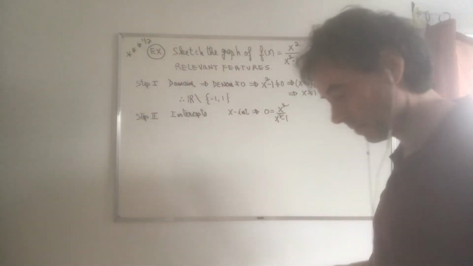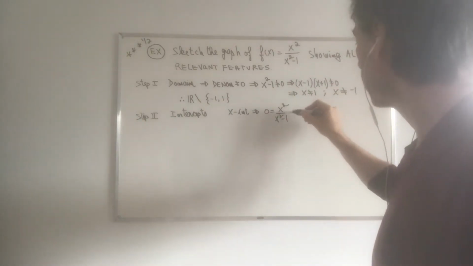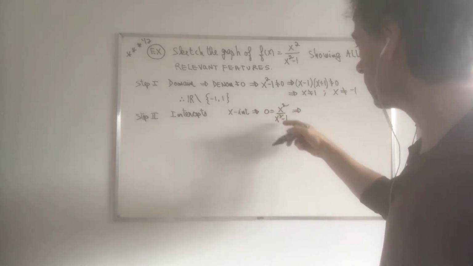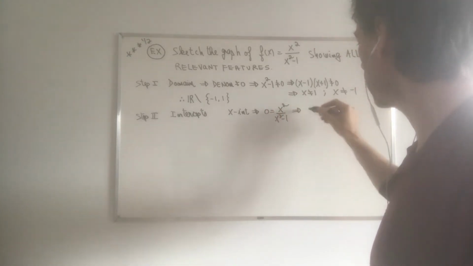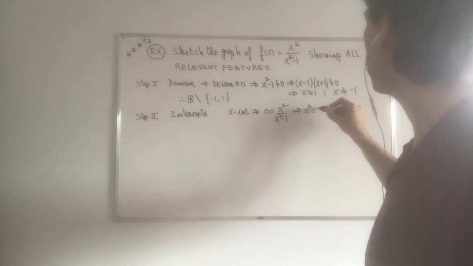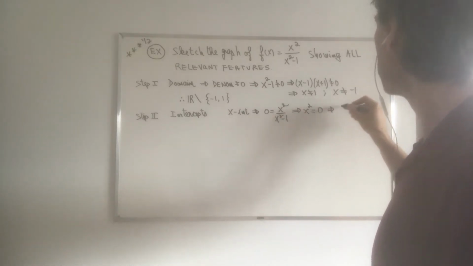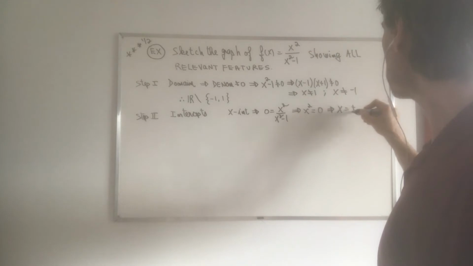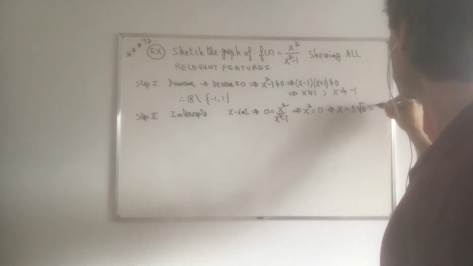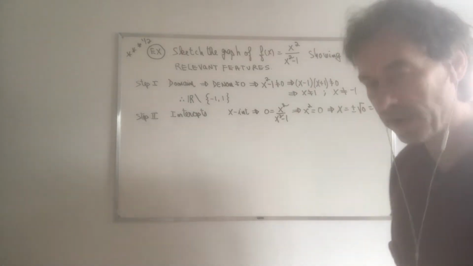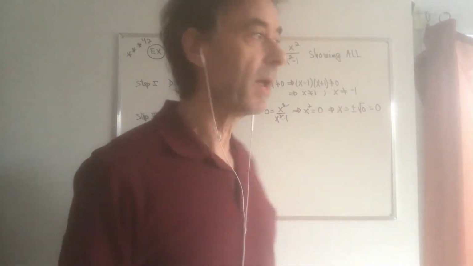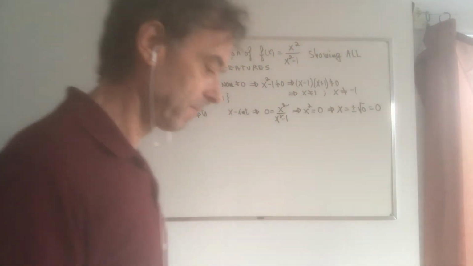Cross multiply, and you will get what? 0 times this is gone. x squared times 1 is x squared. So x squared is equal to 0. So x is equal to plus or minus the root of 0, which of course is 0. We have an x-intercept and it is located at 0.